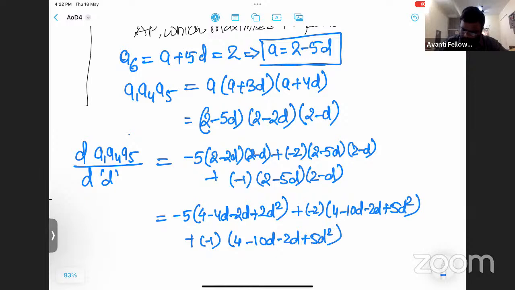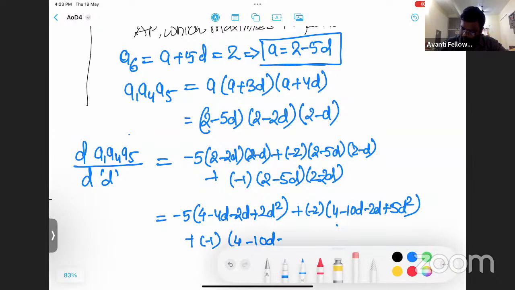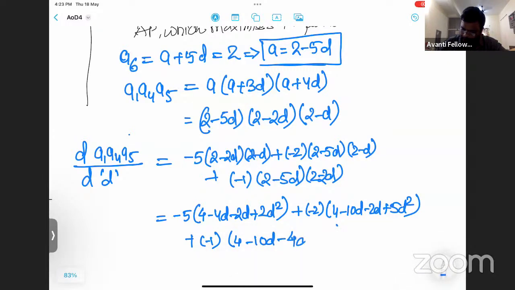Did I make any mistake here? Oh, sorry, this is 2 minus 2D. So this will be 4 minus 10D minus 4D plus 10D square.